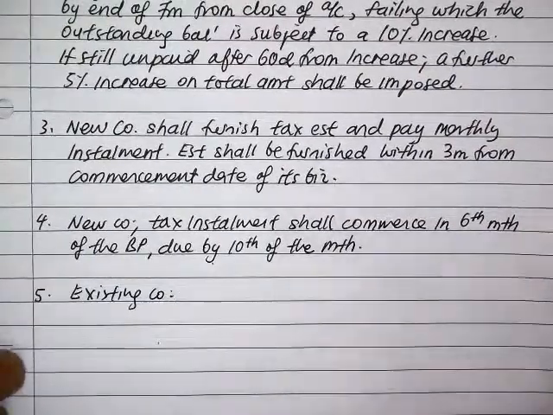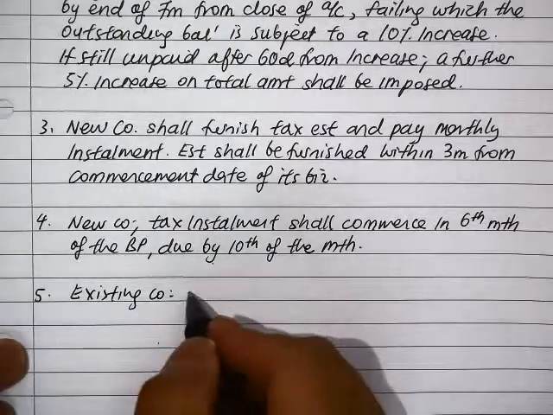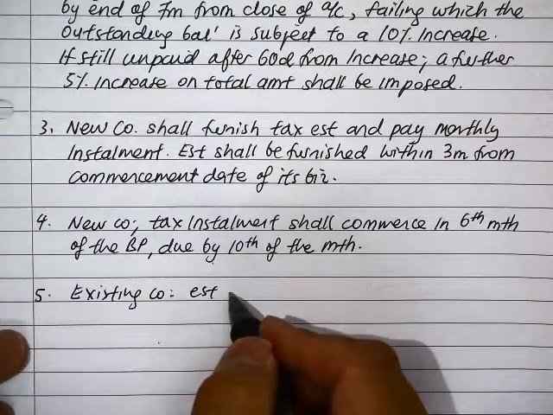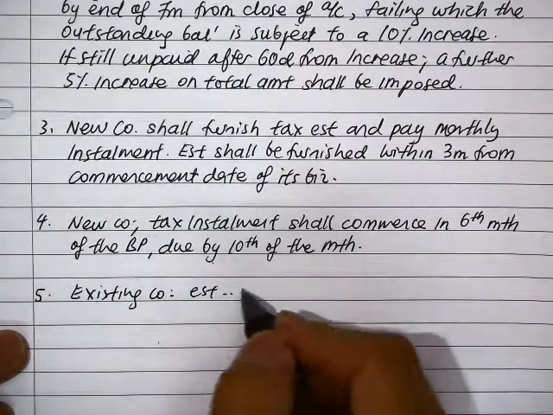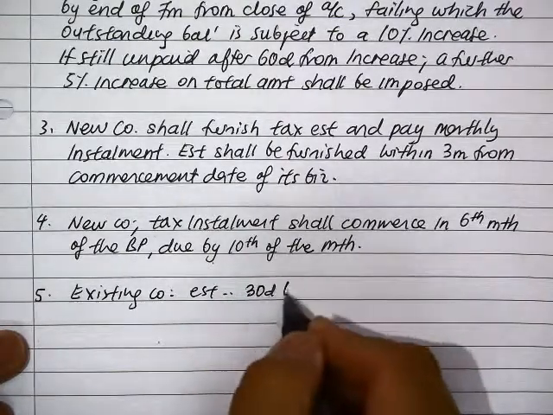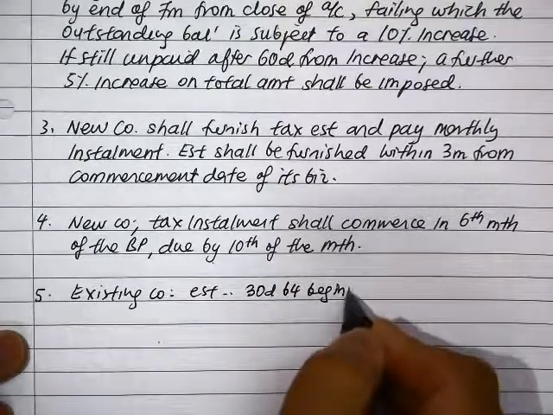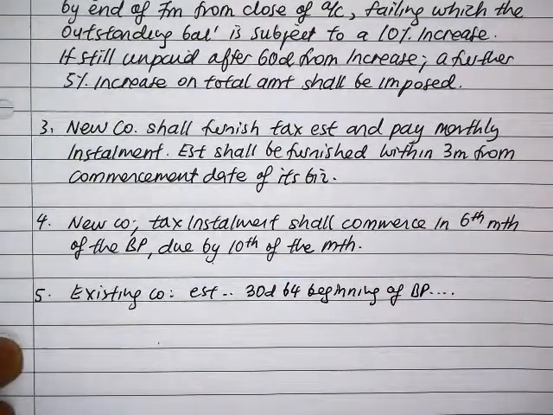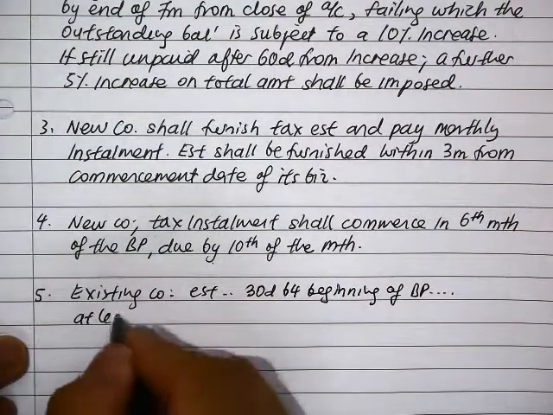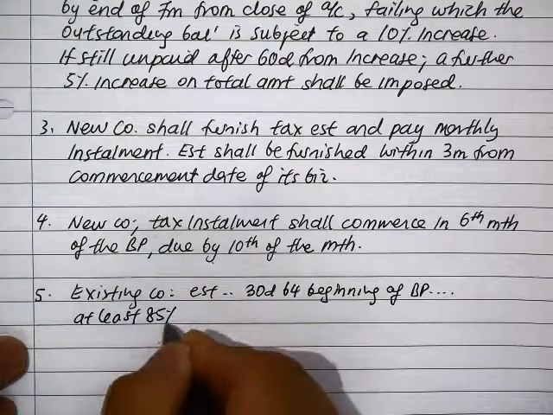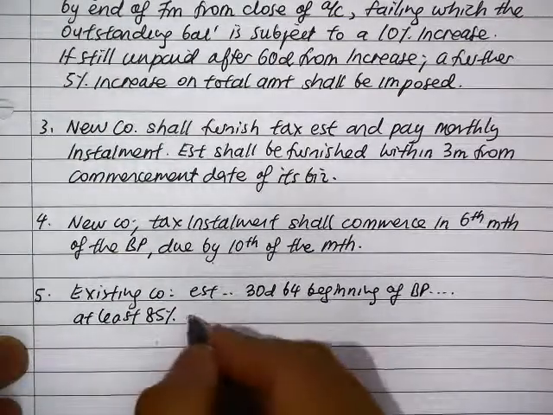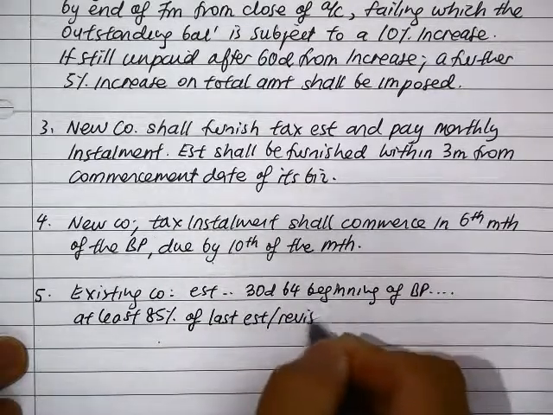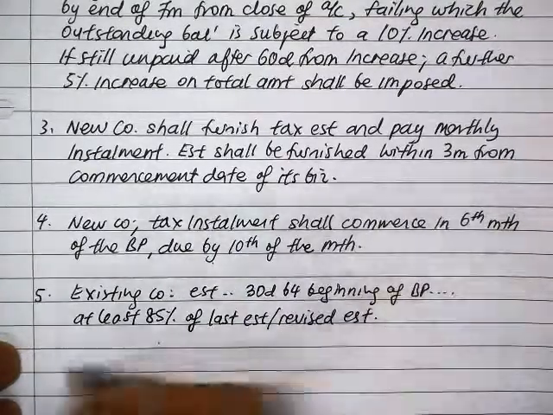Now the existing company, estimate is when? 30 days before the beginning of the basis period, must be at least 85%, right, of the last estimate or revised estimate.